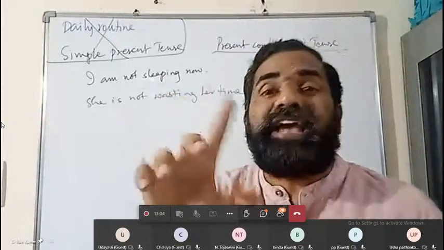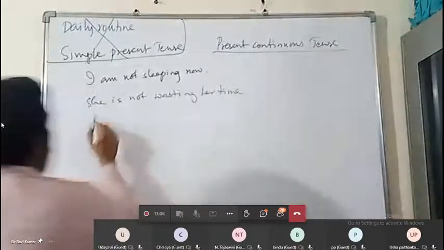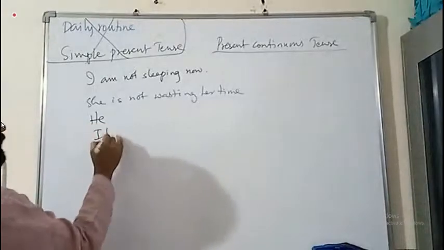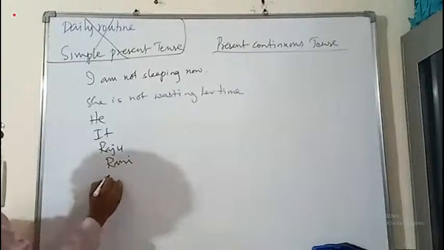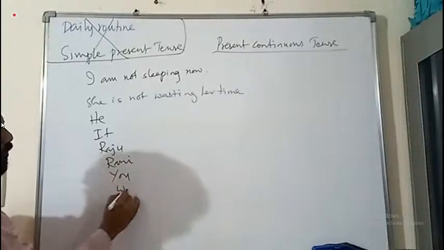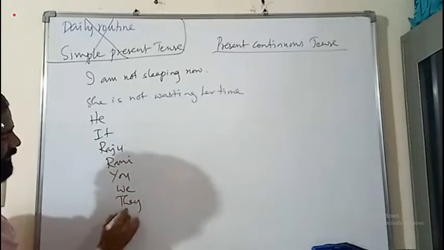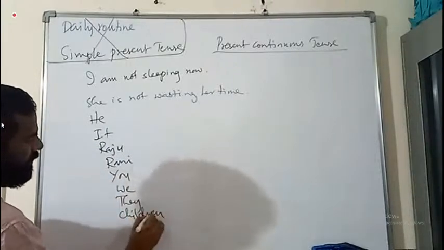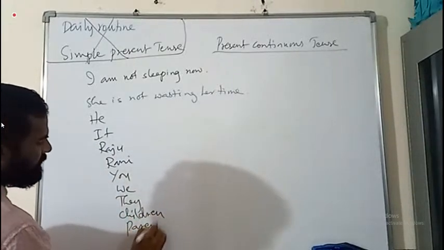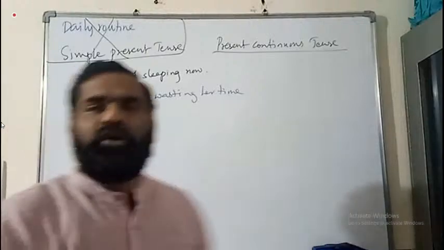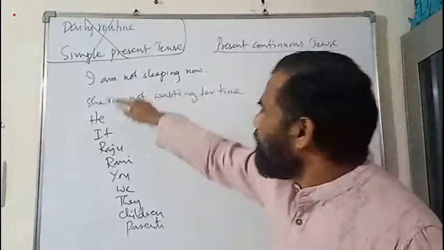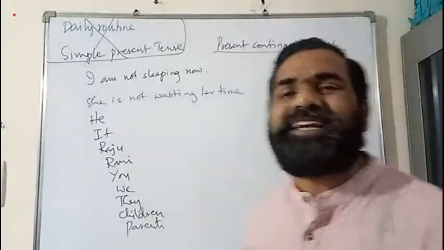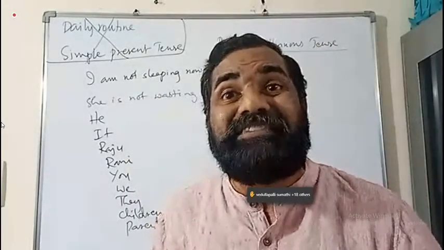So I want you to write with all the subjects: I, he, she, it, Raju, Rani, you, we, they, children, parents. I want you to write sentences like this with all these subjects. Present continuous tense, negative.